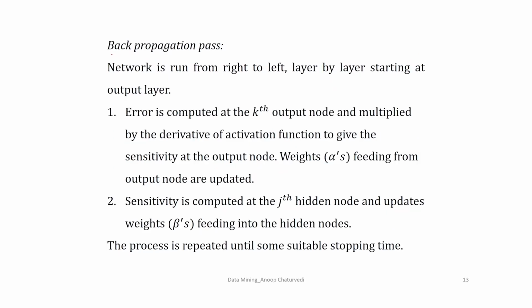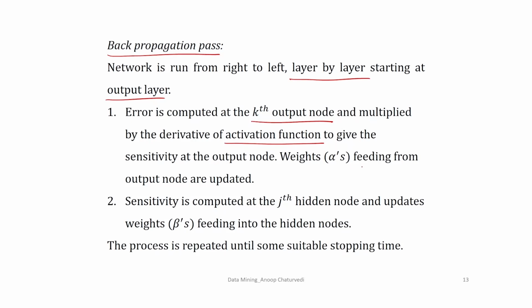Then we go to the back propagation pass. The network is traversed from right to left. First we have initialized the weights, we move from left to right, we get the output, and then we move from right to left, layer by layer, starting at the output layer. Error is computed at the kth output node and multiplied by the derivative of the activation function to give the sensitivity at the output node.